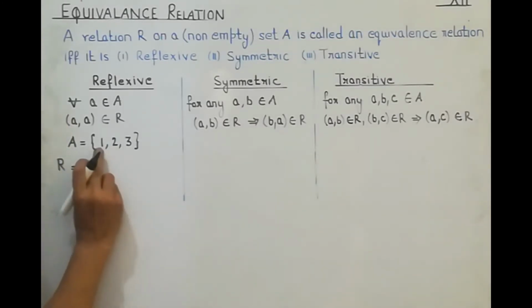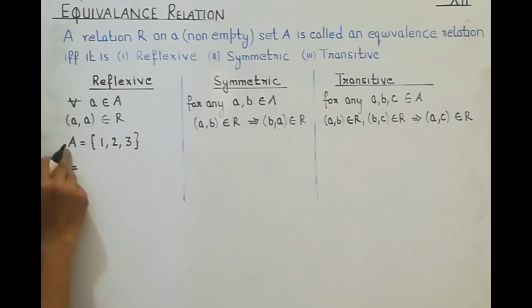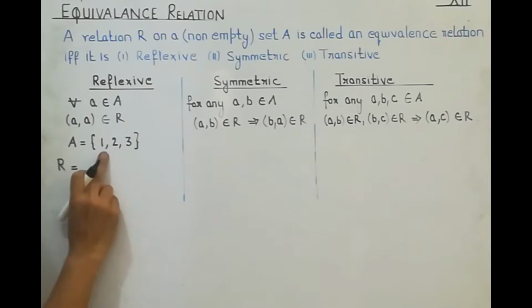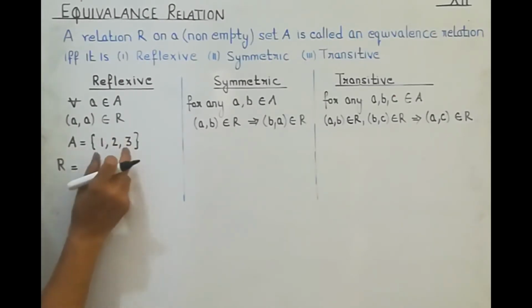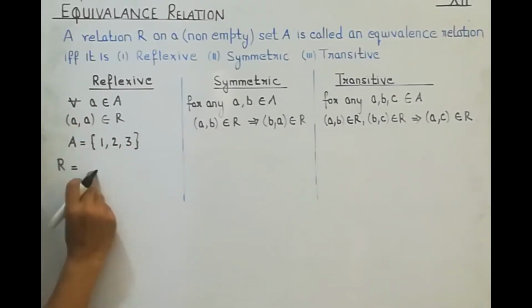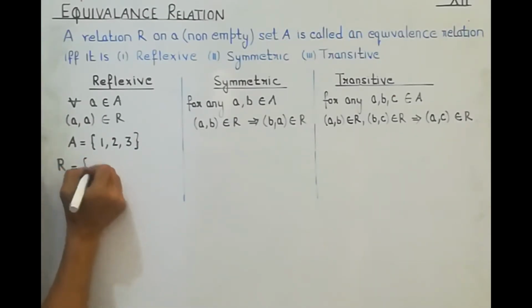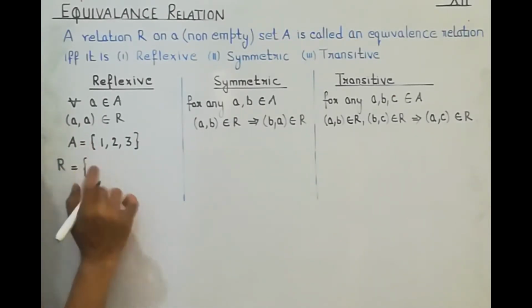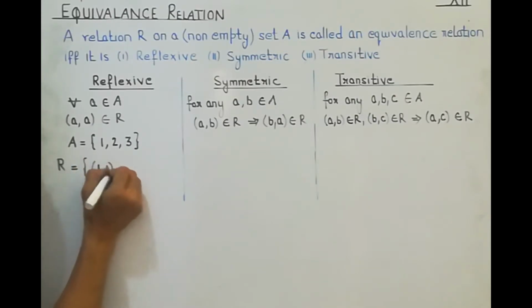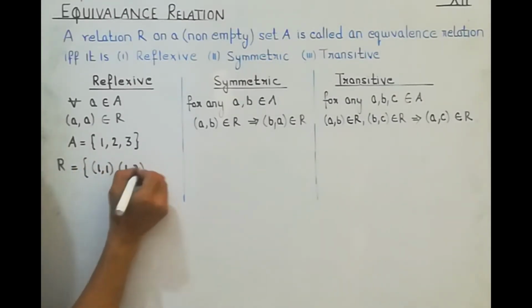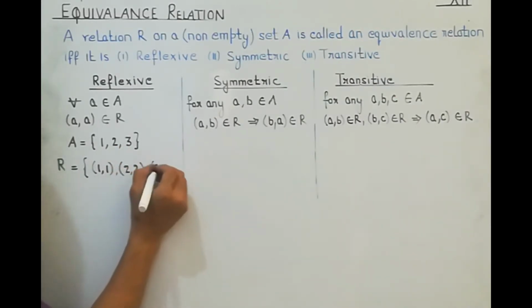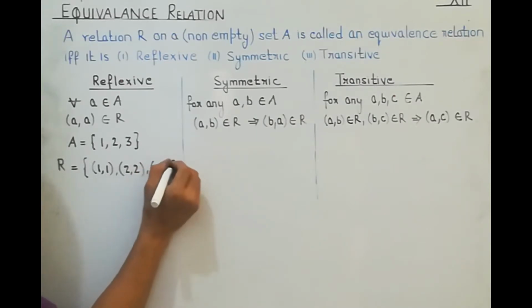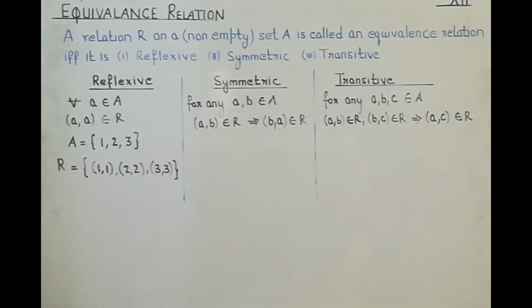There are three elements appearing in set A. Then for all the elements, that means for 1, for 2 as well as for 3, these ordered pairs must be in the relation. That is (1, 1), (2, 2), (3, 3). So then this relation will be known as reflexive.